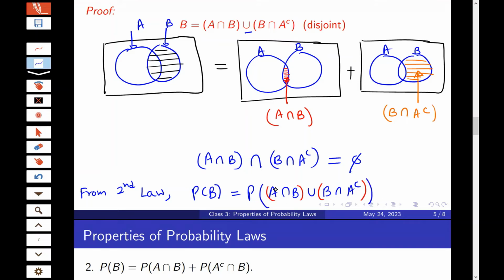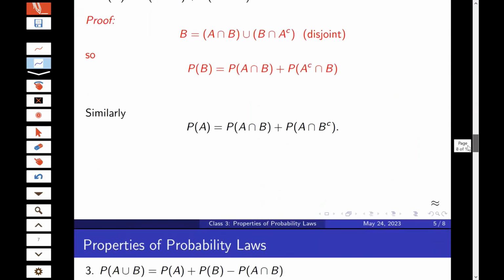Okay, so this probability, we can break it because those are disjoint because of this result, and write it down like this. Similarly, we can show this result for P(A). So P(A) equals P(A intersection B) plus P(A intersection B complement).